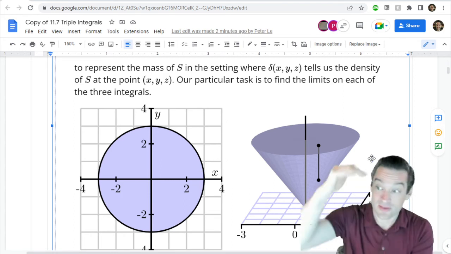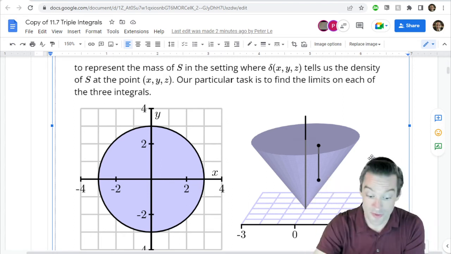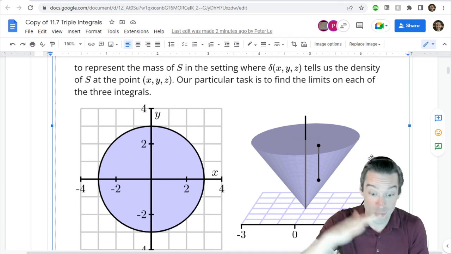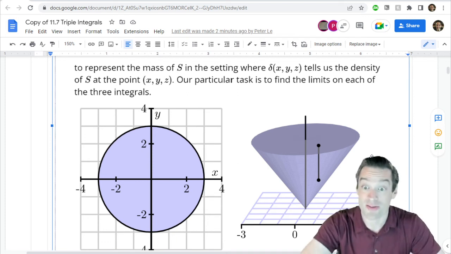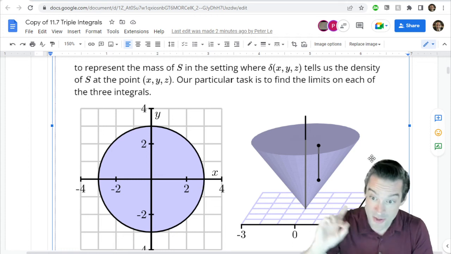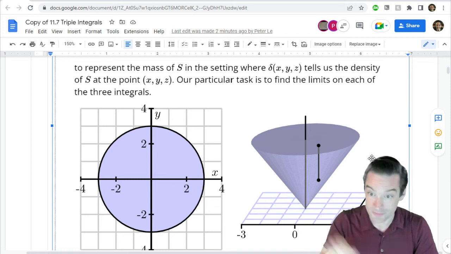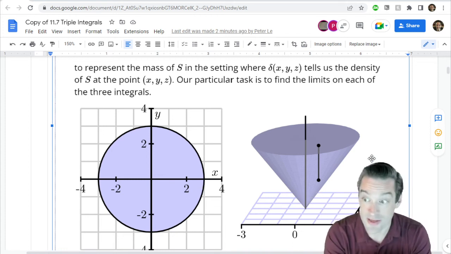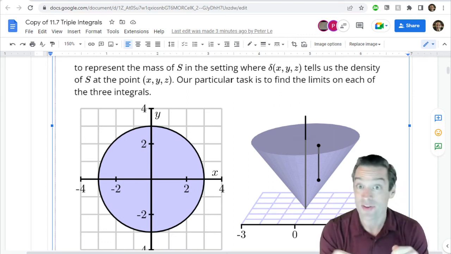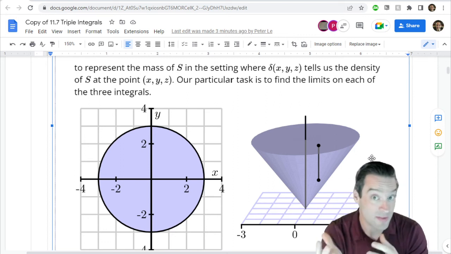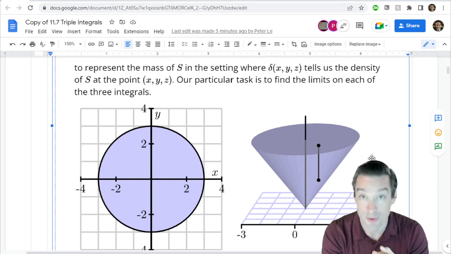Then the next step would be to take and squash this cone so that the z-coordinate is gone. In other words, squash it onto the xy plane, project it onto the xy plane. And that projection looks like the figure on the left here. It looks like that disk of radius 3 centered at the origin. Then we have to tape measure that to get us bounds on x and y, and that's exactly the kind of tape measuring that we did in double integration.